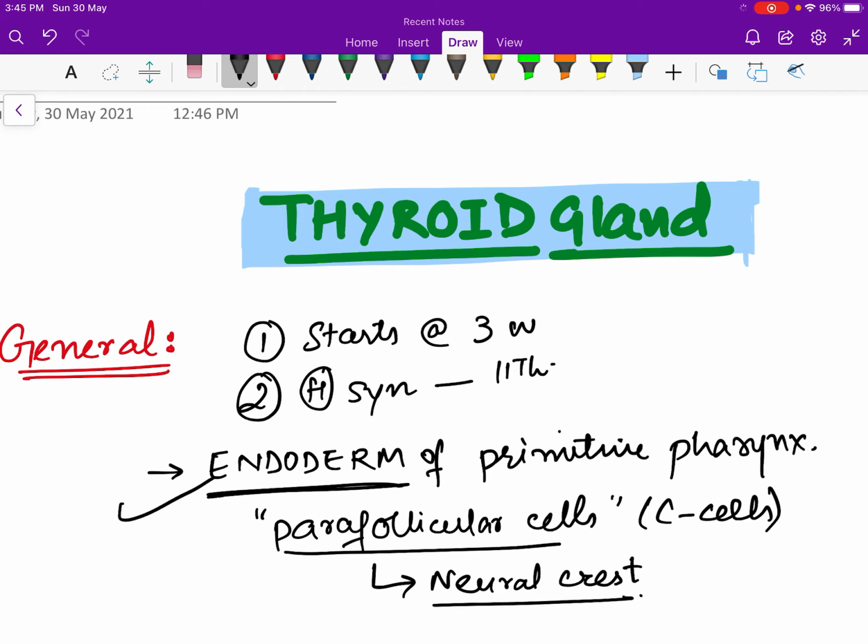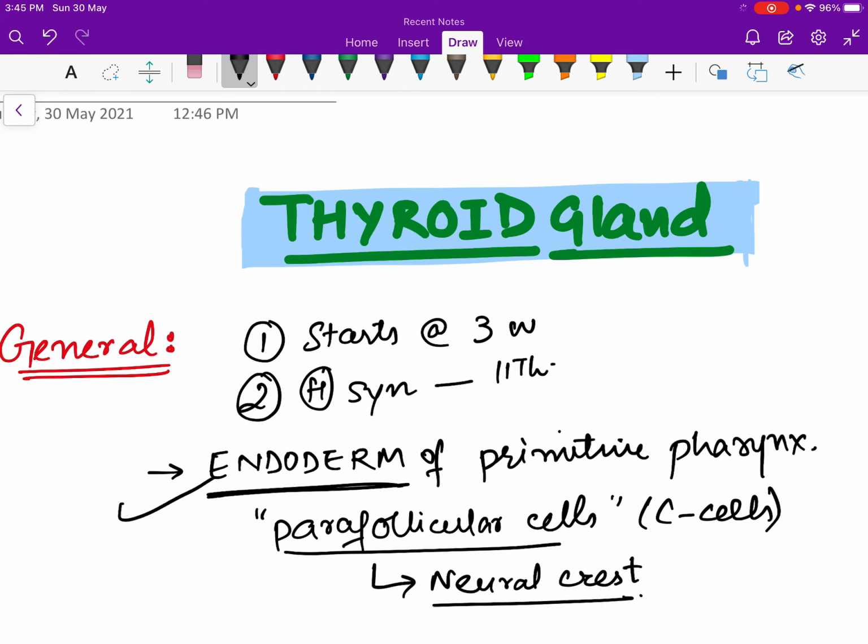Now let's try to understand the structure and hormone synthesis in the thyroid gland. If we cut a section through the thyroid gland, we'll be able to see two different parts. These circular structures that can be seen are called thyroid follicles.